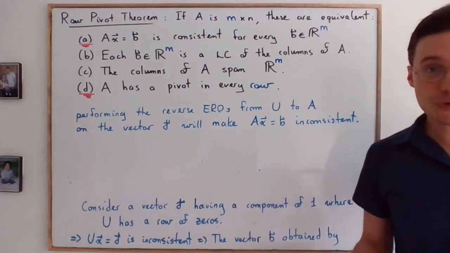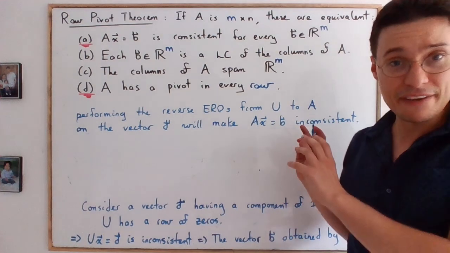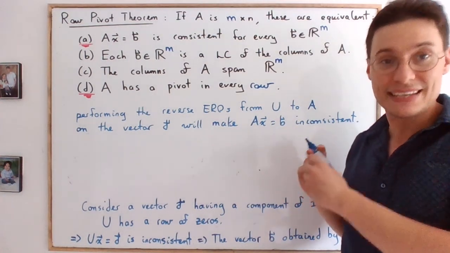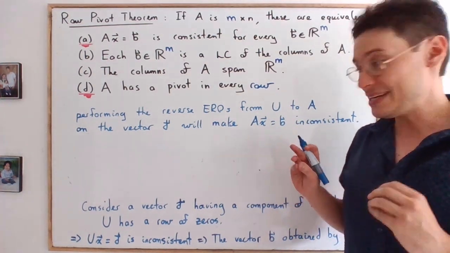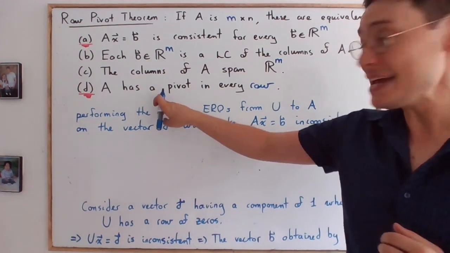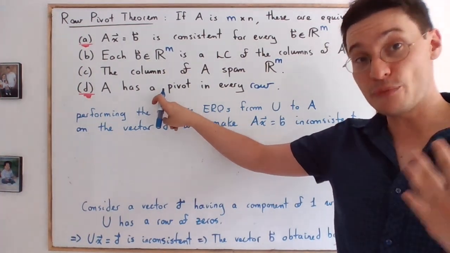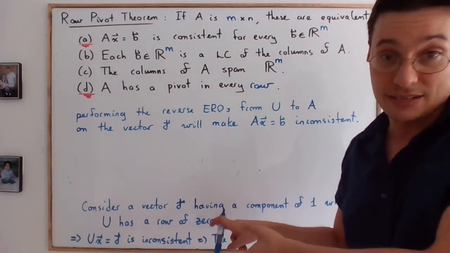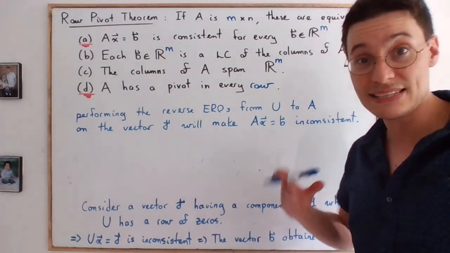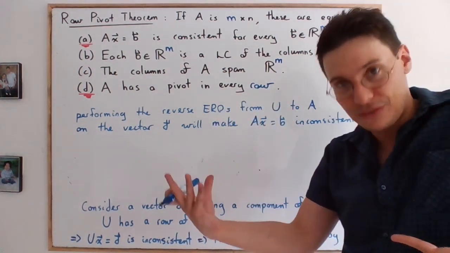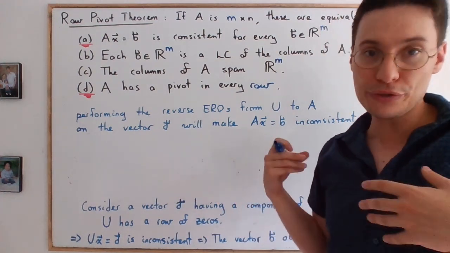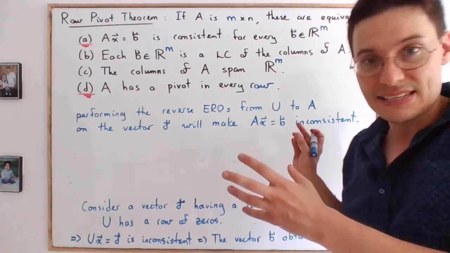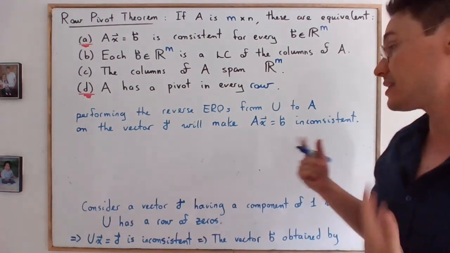Okay? So what it means basically, even if we cannot necessarily find it in its full generality, is that if A doesn't have a pivot in every row, we are able to construct a vector D that makes the system Ux equals D inconsistent and come back to the matrix A in order to find a vector B that makes the system AX equals B inconsistent.